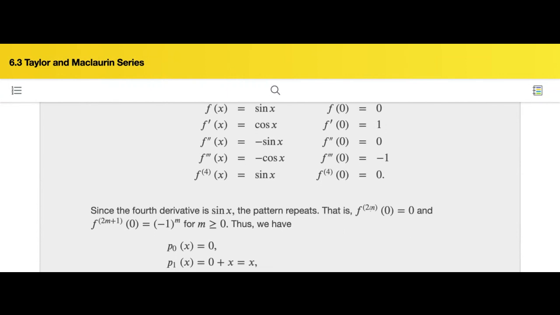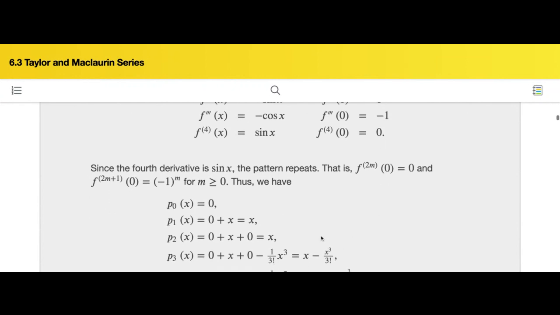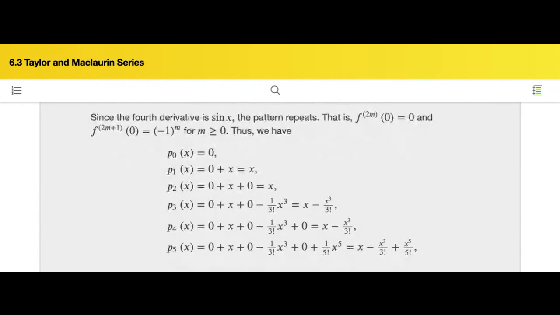And actually we see the pattern. The even order derivatives are 0, and for the odd order derivatives we get -1 raised to a power. So the zero order Maclaurin polynomial is just 0 for sine x.